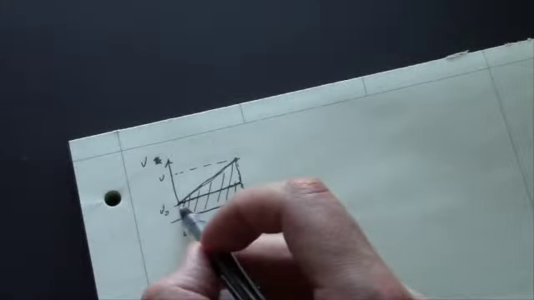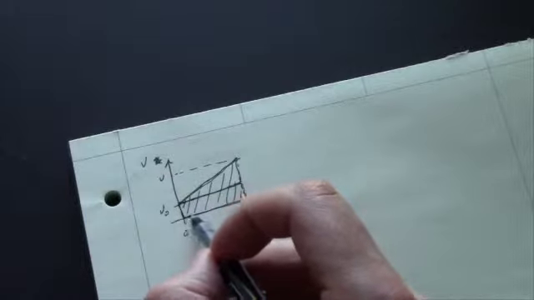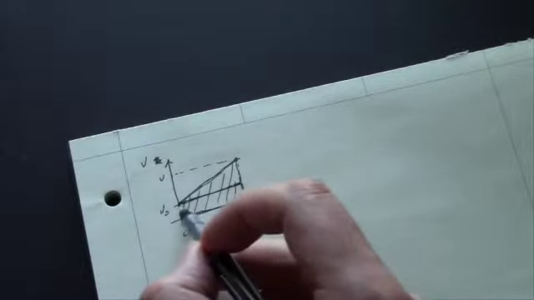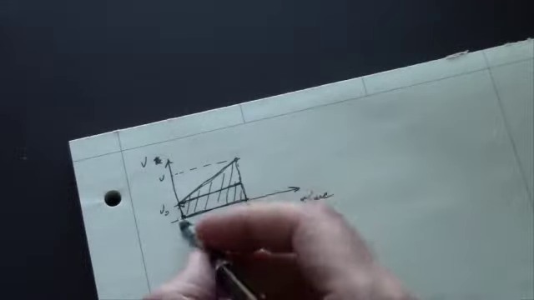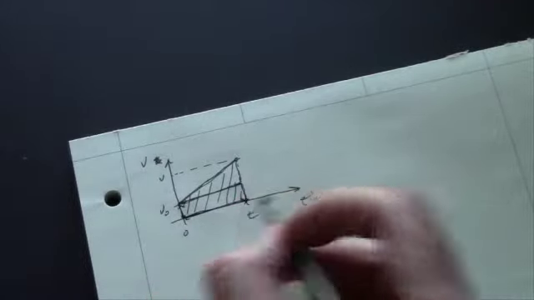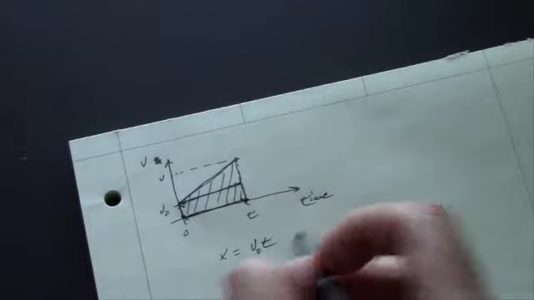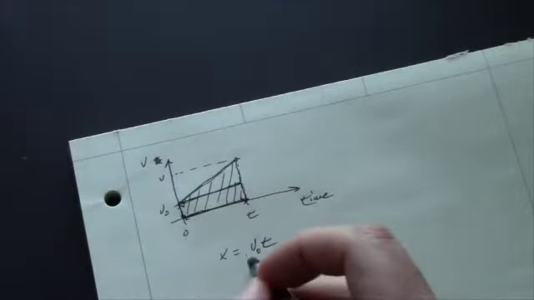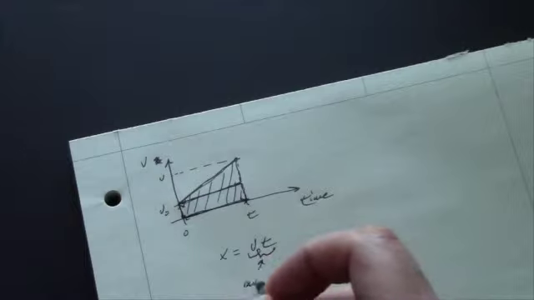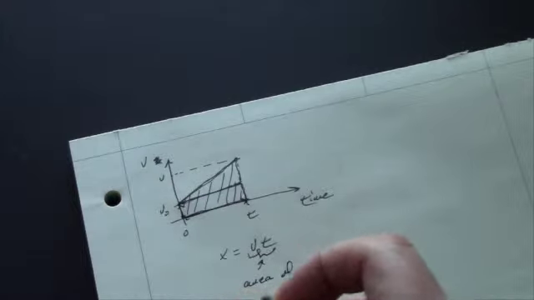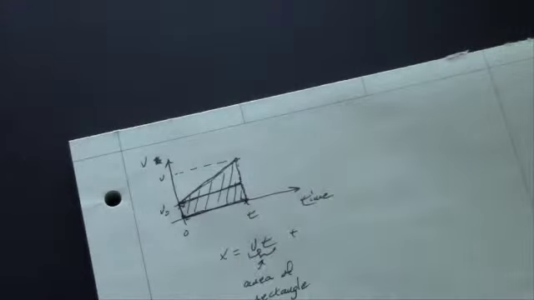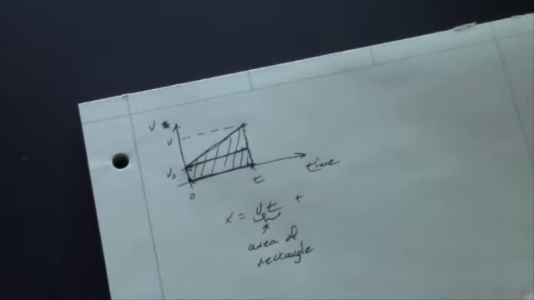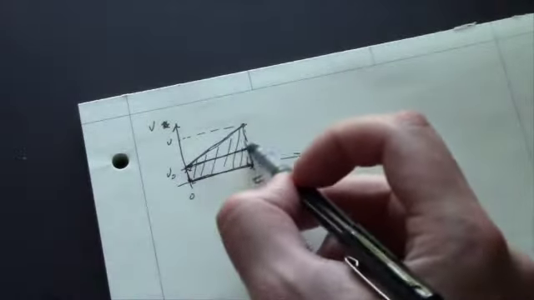Let's look at this rectangle first. The height of this rectangle is v initial, and the width of the rectangle is t. So this is the area of the rectangle. Now, to that, we're going to have to add the area of this triangle.